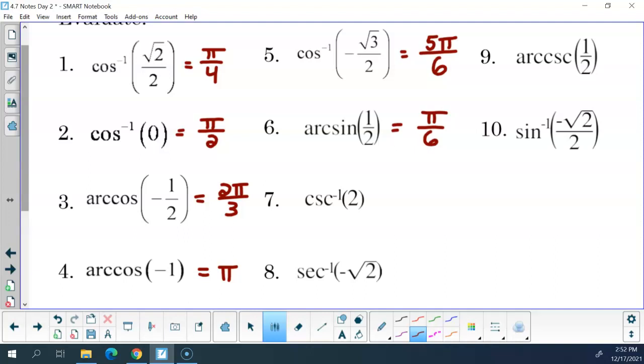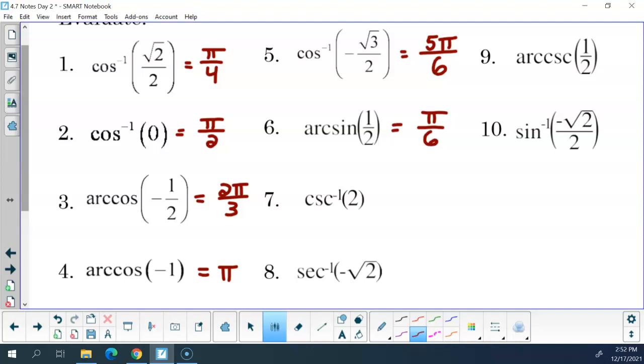Okay? Next one is cosecant. Cosecant goes with sine, right? So cosecant goes with sine. So this is really saying, right half of the unit circle, where is the reciprocal equal to 2?